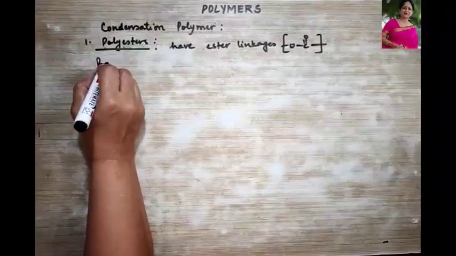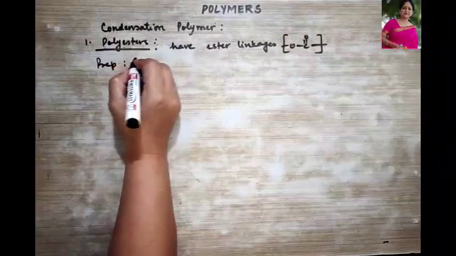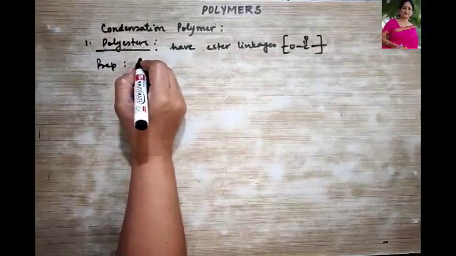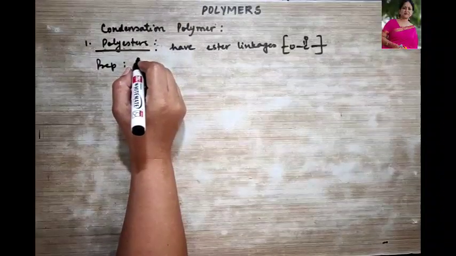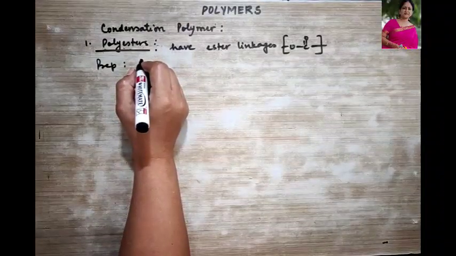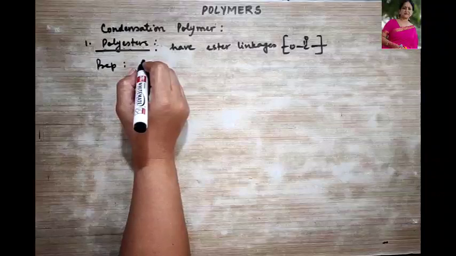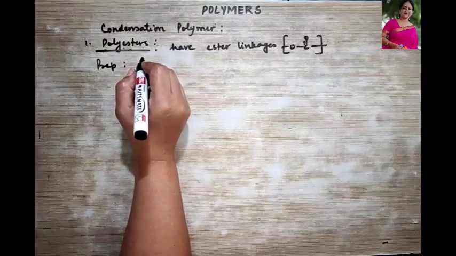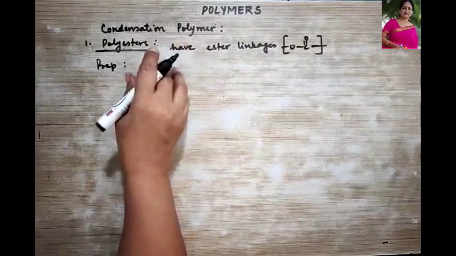Okay, so let us understand the preparation. It is prepared by the polymerization of ethylene glycol and terephthalic acid at 475 Kelvin.